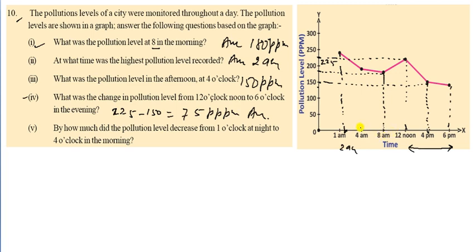So there is the 4 o'clock, this one is here. So you can see it is 250 minus 200. So you can write here 250 minus 200, that is 50 ppm, and that will be your answer. So your exercise is over.